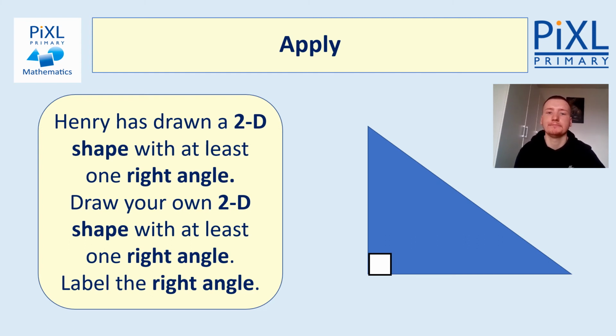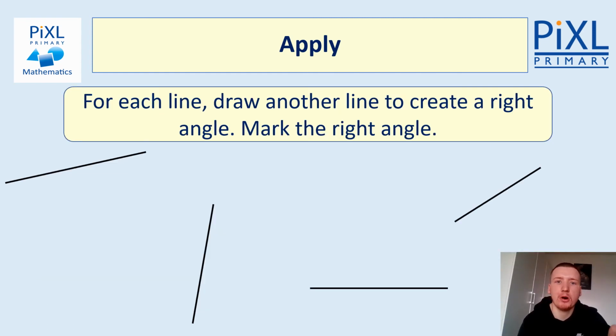Pause the video. On my board now, I have drawn loads of different lines going in different directions. Now your task is, for each line, I want you to draw another line to create a right angle, and then mark the right angle with a little square in the corner using a ruler if you've got one. So have a quick go.